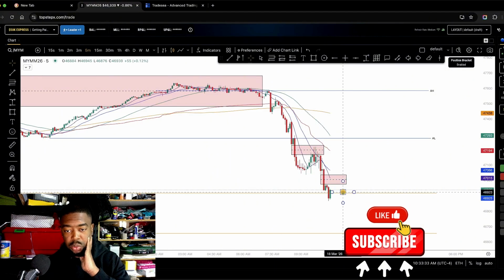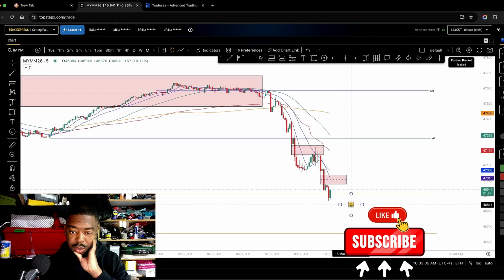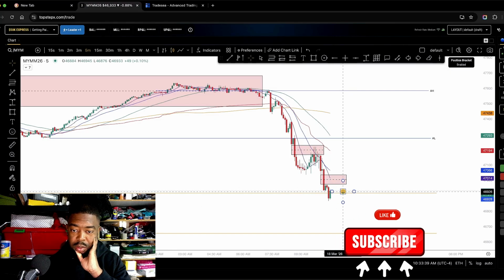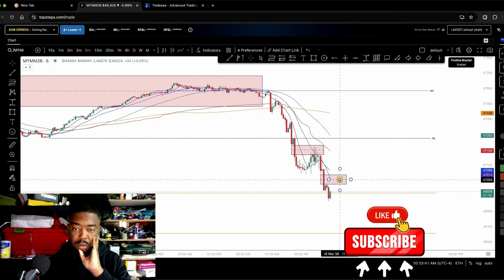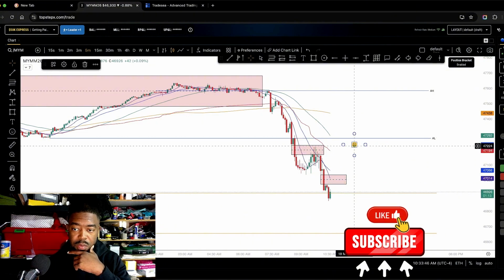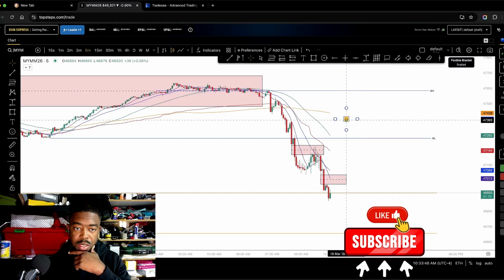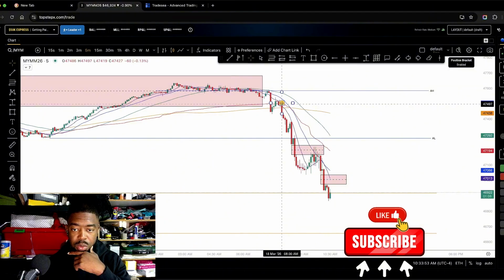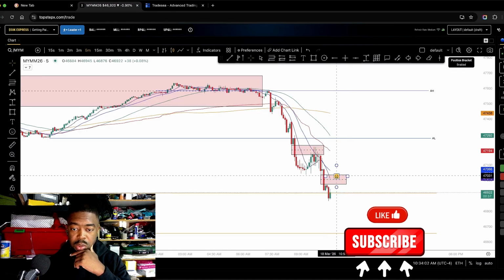This hourly swing low from previous day. We could swing this, close above, and continue to push up because we haven't taken out Asian highs yet after the New York Open. So New York hasn't taken out Asian highs yet or London highs. So it's quite possible that we could reverse from here.